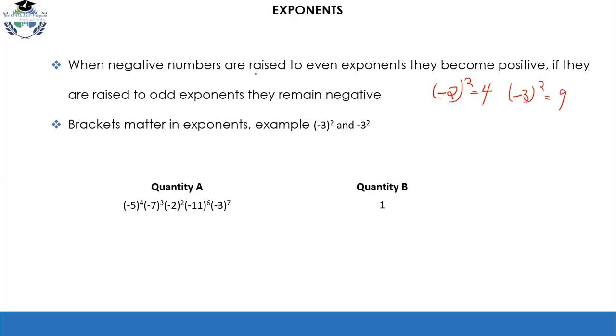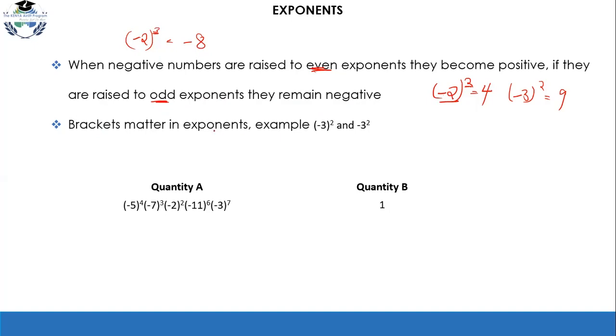If a negative number is raised to an even exponent, it becomes positive. If it is raised to an odd exponent, negative 2 cubed is still negative 8. So always check the exponent. If they are raised to an odd exponent, they remain negative. That's something to note, and you'll see why it's important.